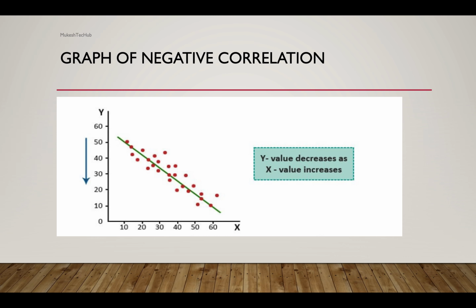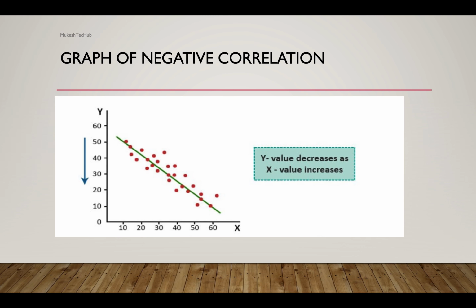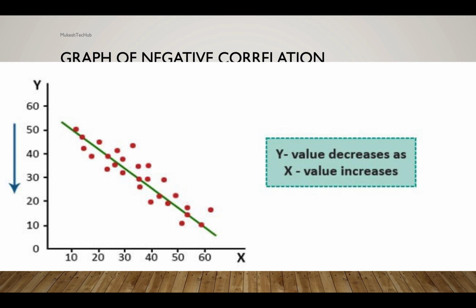Now if you look at the graph, here I'm trying to increase the value of y. Are you able to see the difference? We are not increasing the value of x; we are increasing the value of y, so the value of x decreases. Are you able to figure that out?